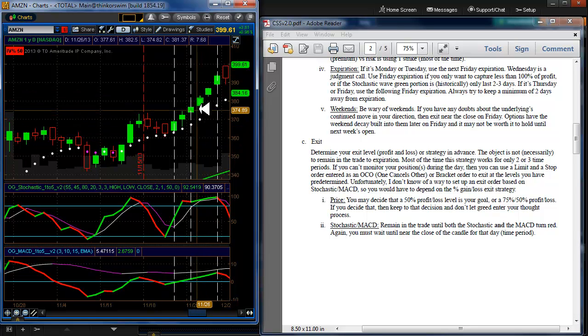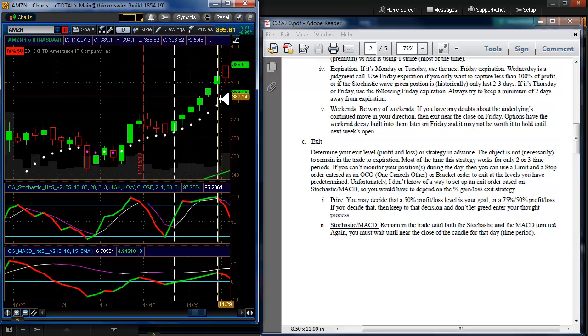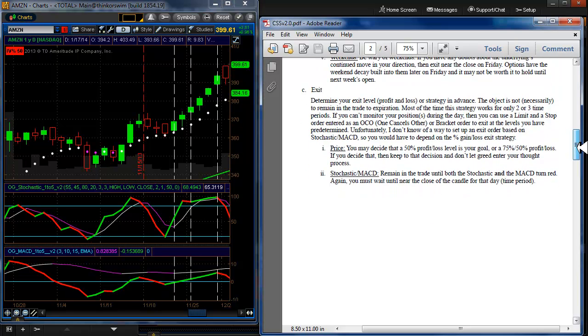That could be because it looks like there's only 4 trading days in that week. So it stayed green all the way into Friday. Oh, that was Thanksgiving. That's why there was no trade. So the market was closed that Thursday. So you could have stayed in until expiration and collected 100% of your profit in this particular case. So in this example, this is how you use it. That's how it would work out.